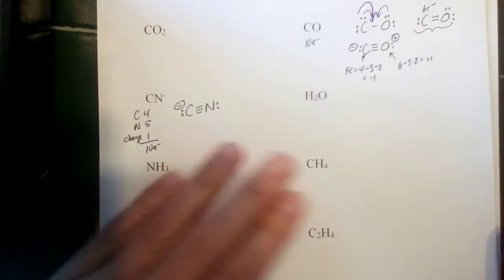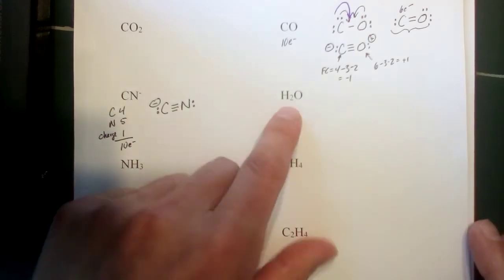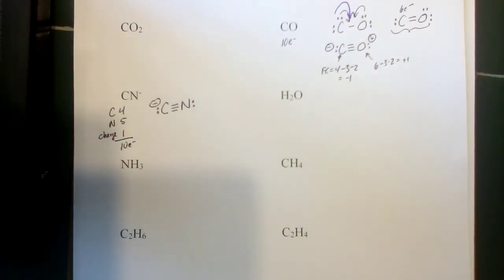Okay. Now, moving on. Water, H2O. The first thing we would do here is draw the skeleton of H2O. And the last thing we said from our handout was that we want to put the least electronegative element in the middle. But there are some exceptions to that.